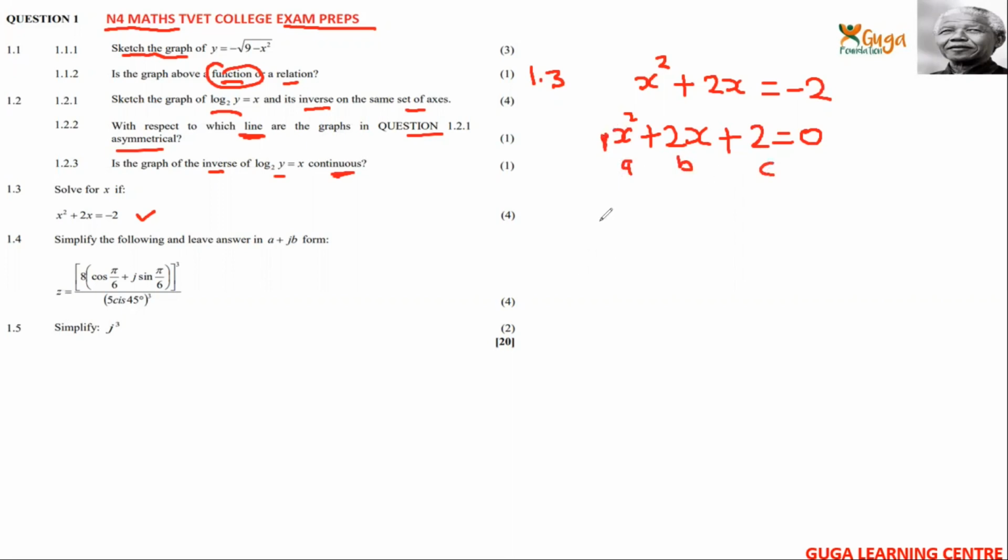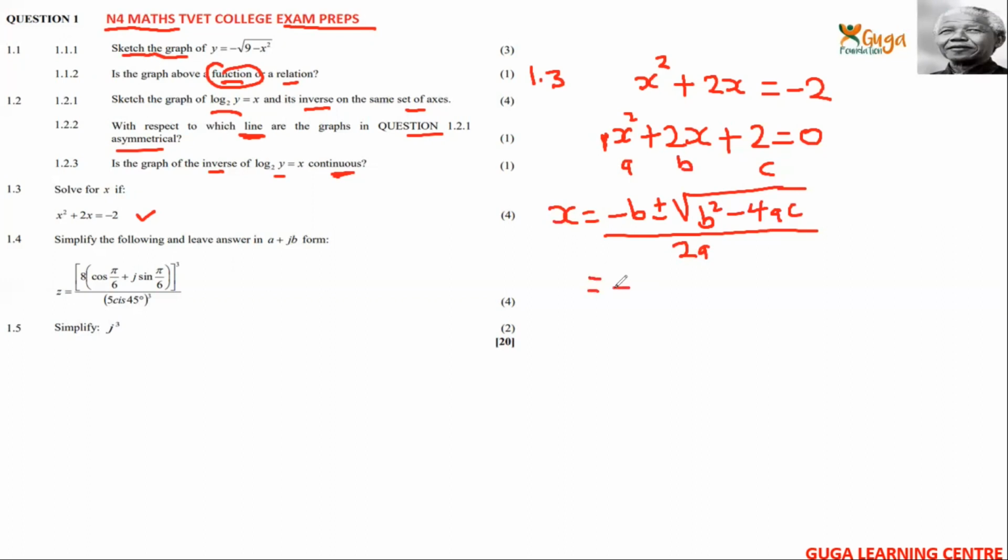So now our quadratic formula is given by x is equals to minus b minus or plus the square root of b squared minus 4ac, all over 2a, right? Okay, so now we can substitute.